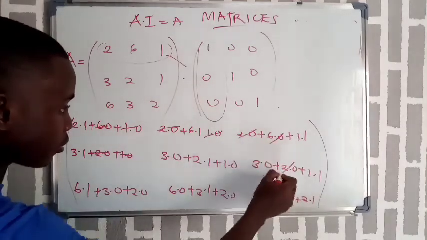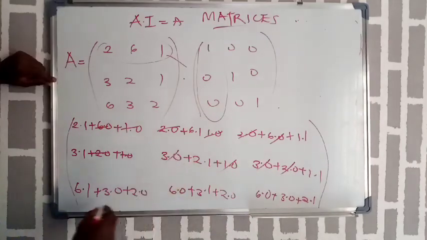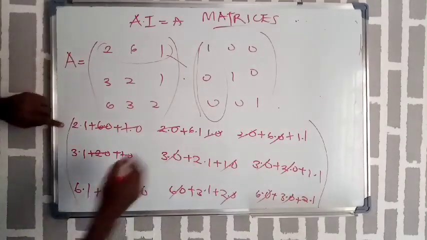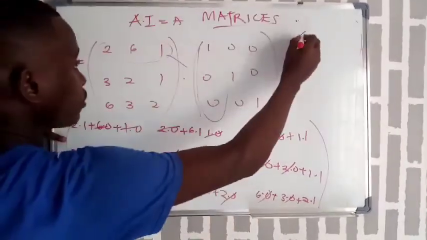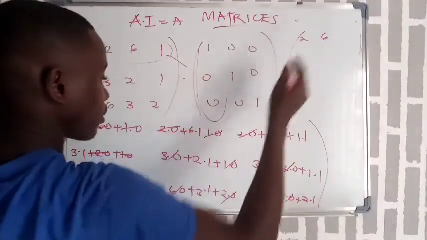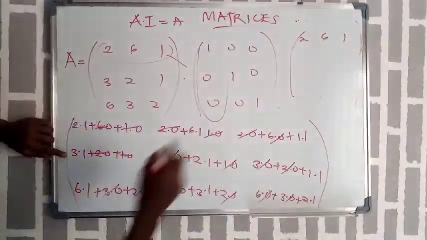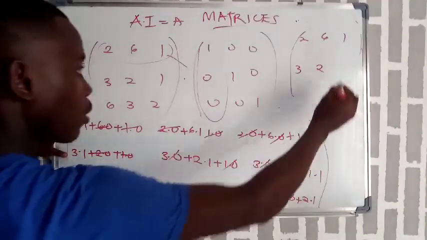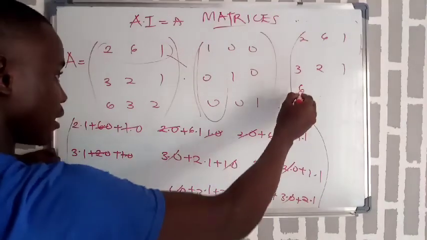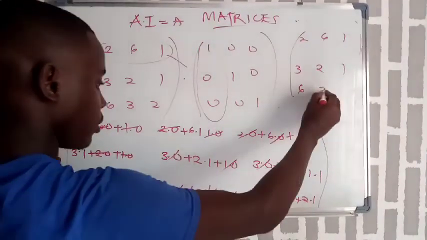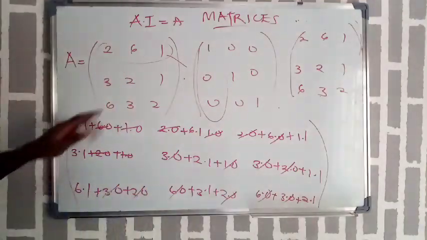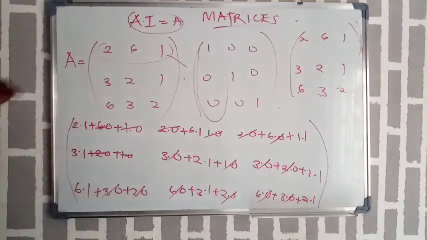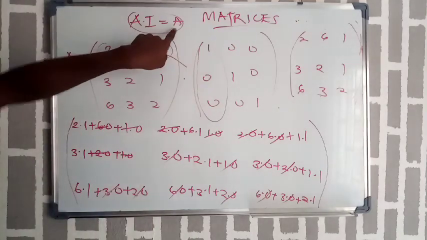So now we are left with 2, 6, 1, 3, 2, 1, 6, 3, 2. Like you can see now, we've come back to the original matrix. So this law is correct. That means any matrix multiplying a unit matrix goes back to the original matrix.